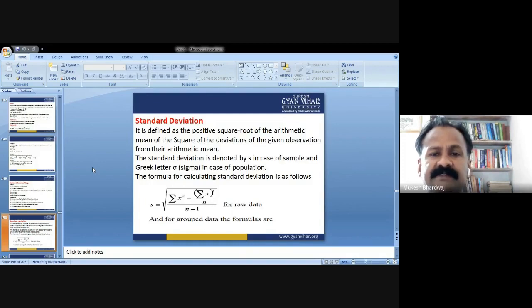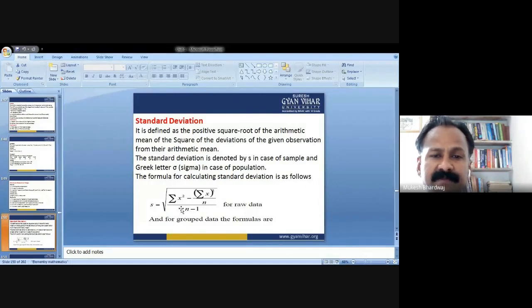It is defined as the positive square root of the arithmetic mean of the squares of the deviations of the given observations from their arithmetic mean. So the definition of standard deviation is defining the formula only.